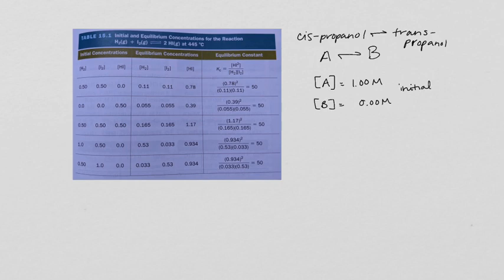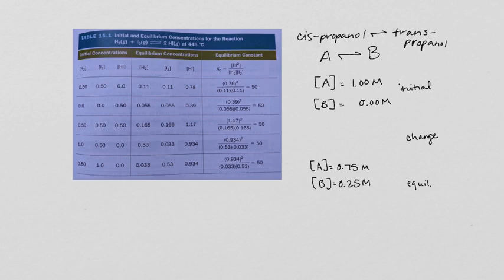And then there's some sort of change that happens, and then we end up at equilibrium. And at equilibrium, we might know what our concentrations of our reactants and products are, and in this example, our A is equal to 0.75 molar, and our B is equal to 0.25 molar.